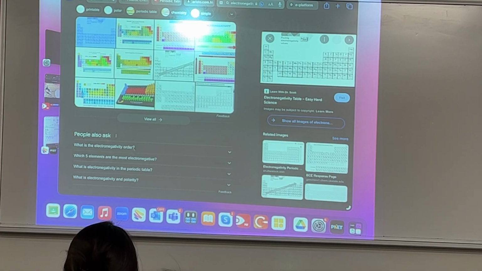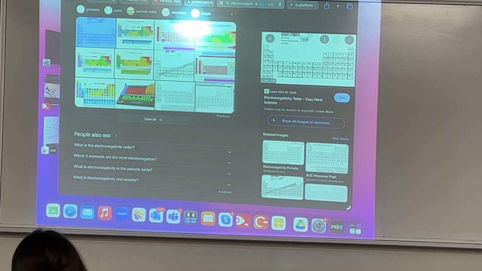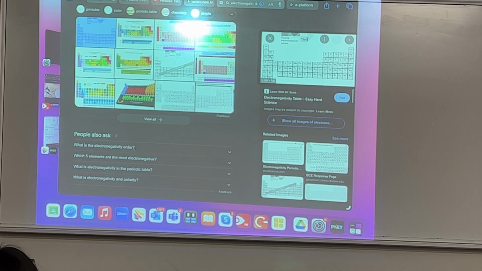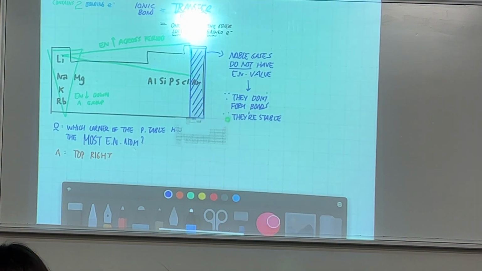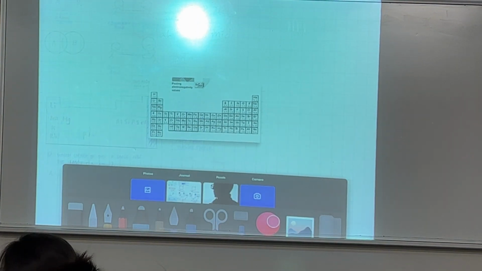And now we need to look at something called the Pauling scale. The Pauling scale will be provided to you in the exam. So here, I have this found already.